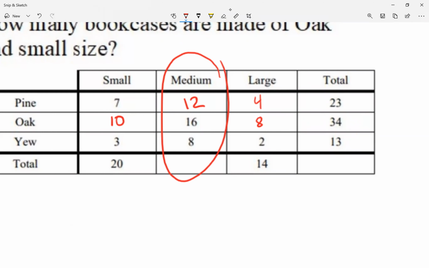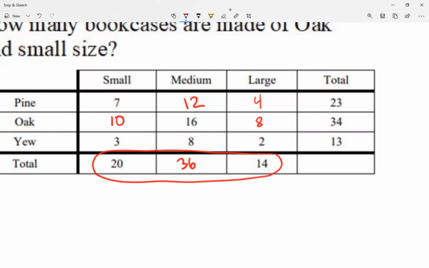I have the 3 small numbers, 12 plus 16 plus 8, and when I add all 3, it has to equal 36. One more thing: when I add up 20 plus 36 plus 14, it is equal to 70, so I'm going to write a 70 here. Interesting part is that if I add these three numbers, 23 plus 34 plus 13, it is also equal to 70. So that has to match.